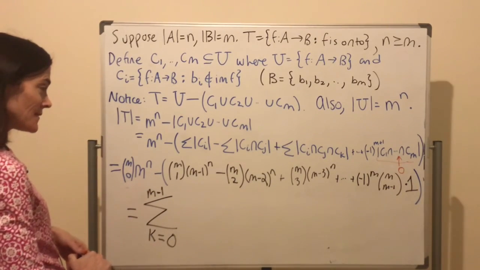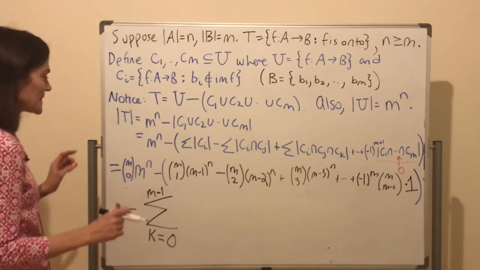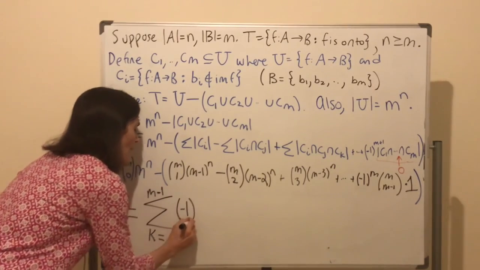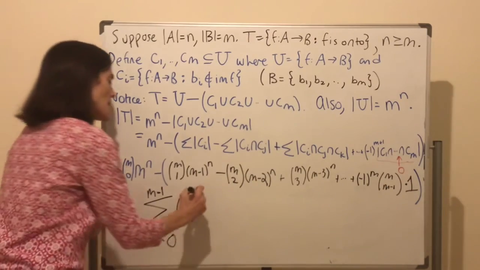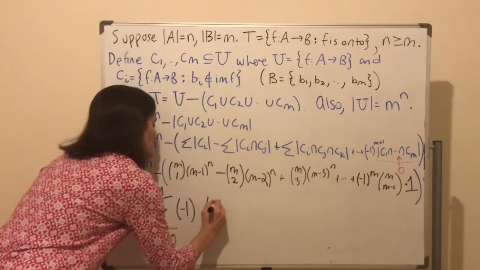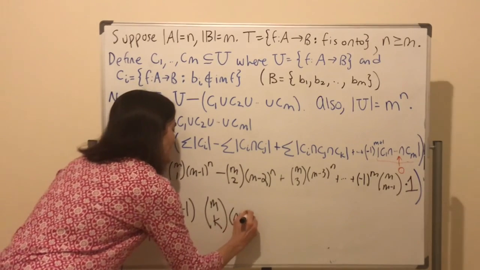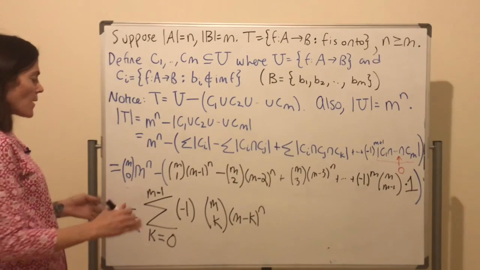And then, okay, wonderful. What do you notice? Well, we have a minus 1 to some power, which we will do at the end because I also have to think about distributing. Then we have M choose K. We have M minus K to the n. And now I'm ready for my power.